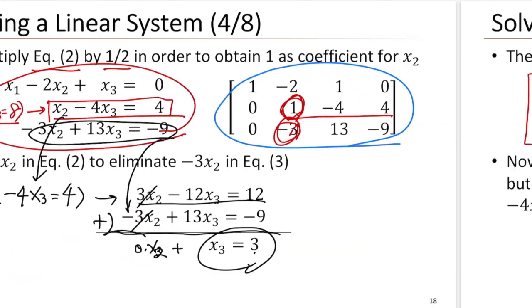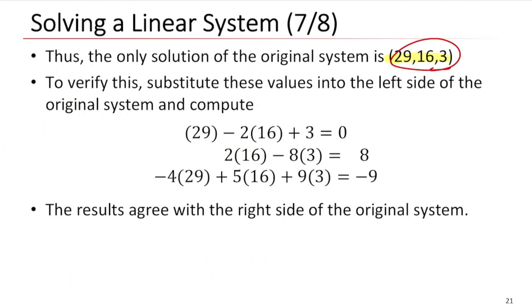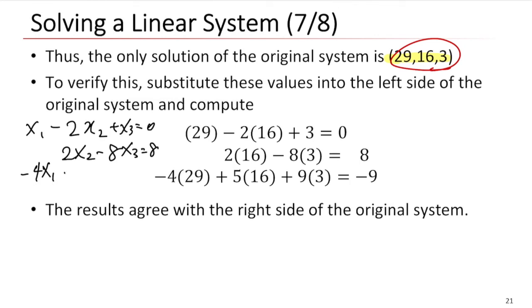So the original system was x1 minus 2 times x2 plus x3 is equal to 0, 2x2 minus 8x3 is equal to 8, and negative 4 times x1 plus 5x2 plus 9x3 equals negative 9, right?